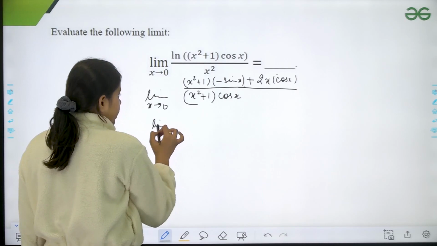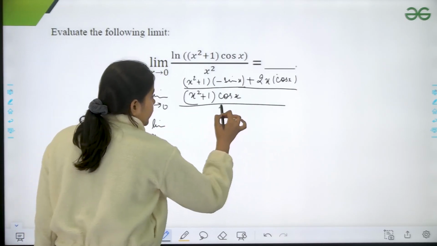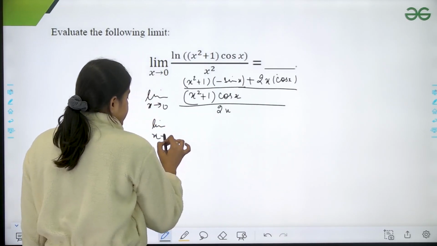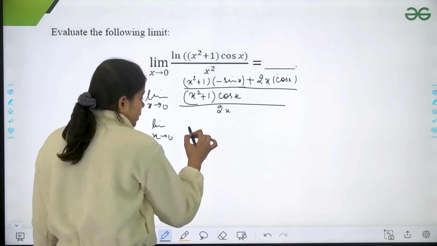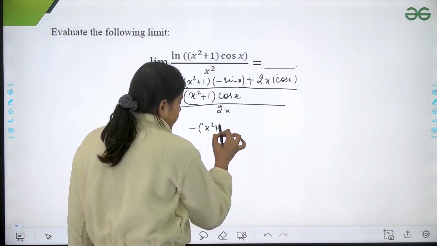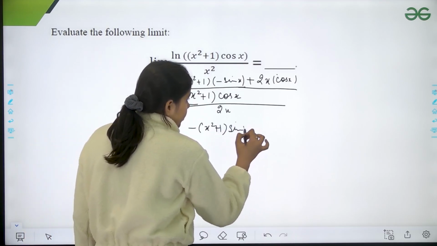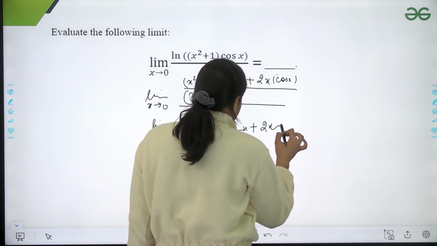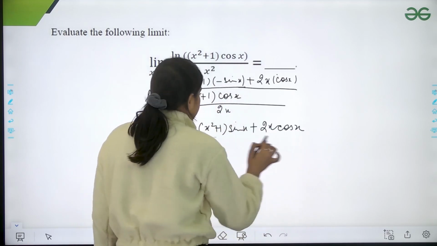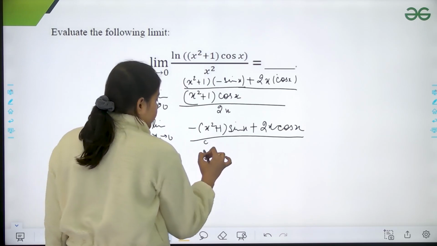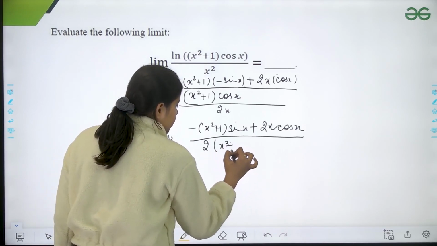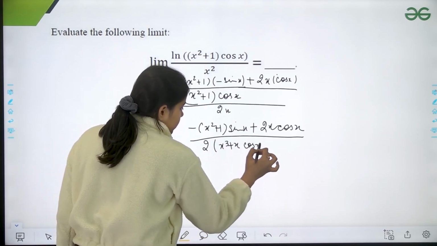We have the denominator differentiation 2x. Limit x approaches 0, so we get minus (x square plus 1) sin x plus 2x cos x. Then if I multiply this, I get 2 into x cube plus x, cos x.